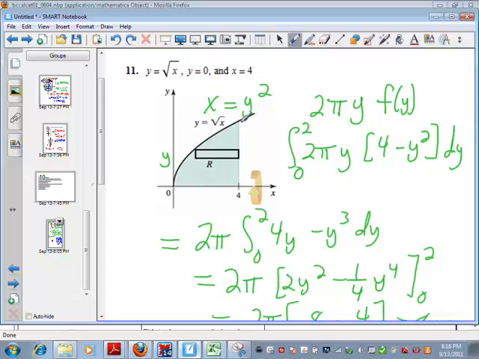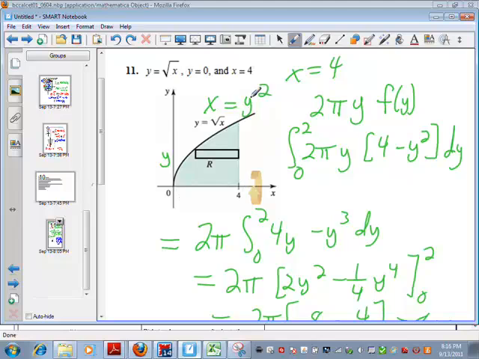But we stop here. The other function is x equals 4. This is the vertical line, x equals 4. So I'm rotating the area between x equals 4 and the graph x equals y squared. Okay, so I need to take the rightmost function first, x equals 4 minus x equals y squared.